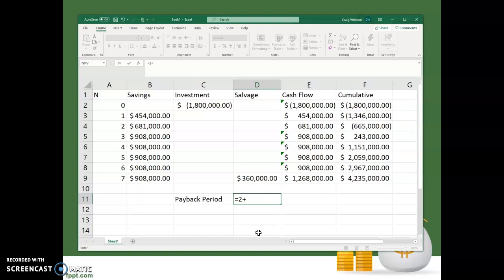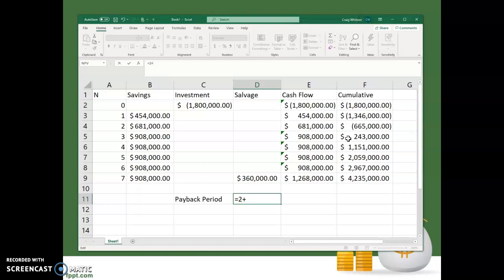I could say it's 2 plus, actually it would be minus because this is a negative value here. That divided by that. And I can see it's going to be 2.7 if I reduce this down to, since I just want to know it to the tenth of a year, so 2.7 years.